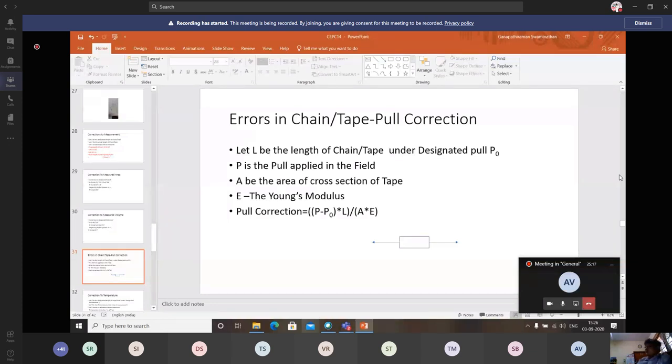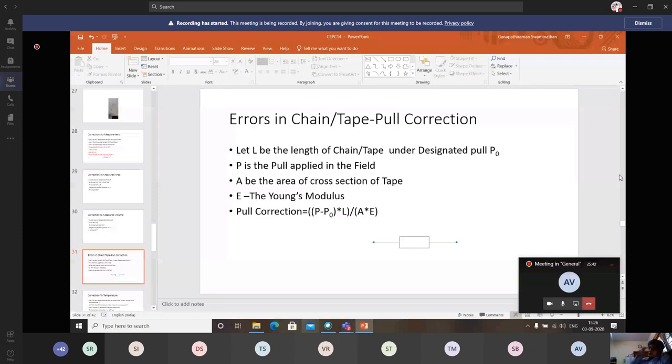So Young's modulus is postulated within an elastic limit. Within an elastic limit, the stress is proportional to the strain. Stress by strain is what is called Young's modulus. It has been designated as E.